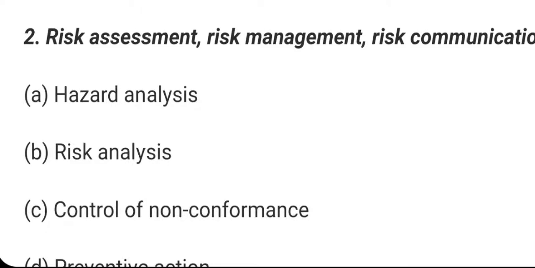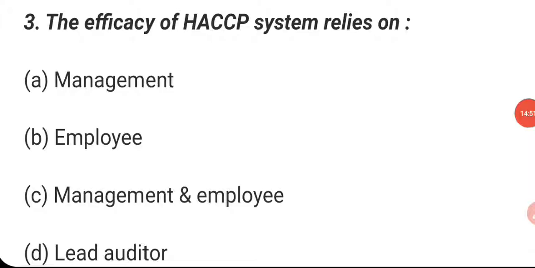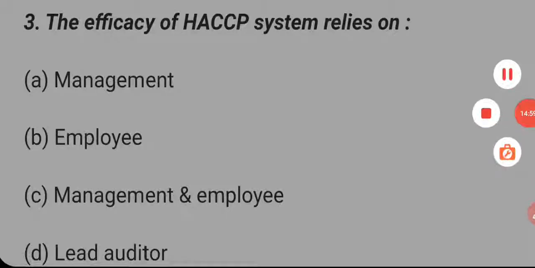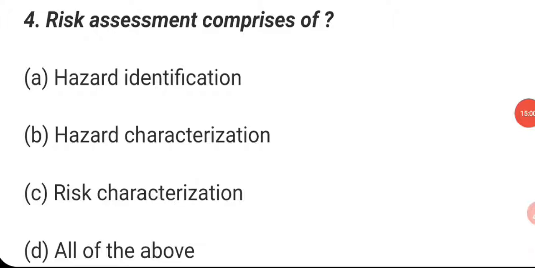Then next, the efficacy of HACCP systems relies on what? Both management and employees. Then risk assessment comprises what? Hazard identification, hazard characterization, and risk characterization are all involved in risk assessment.